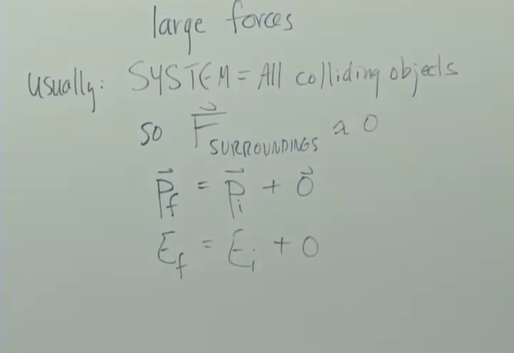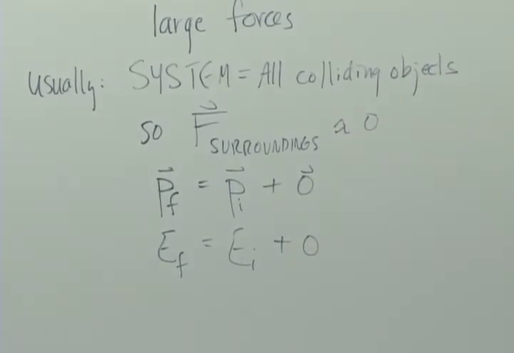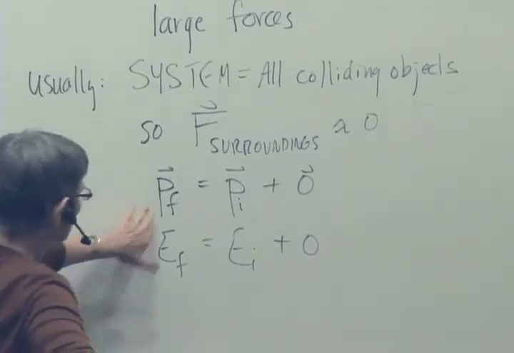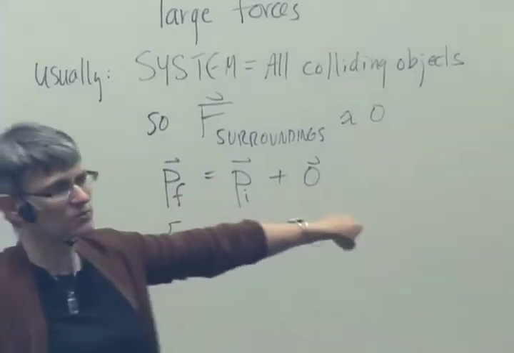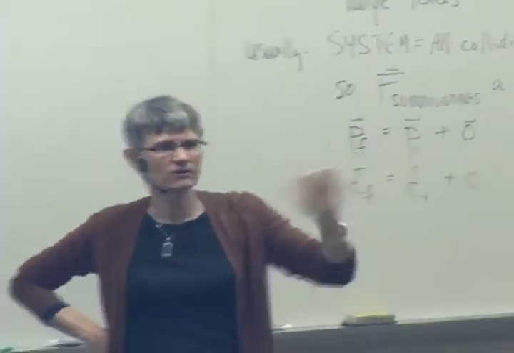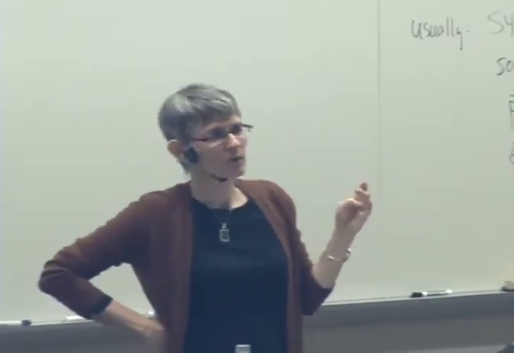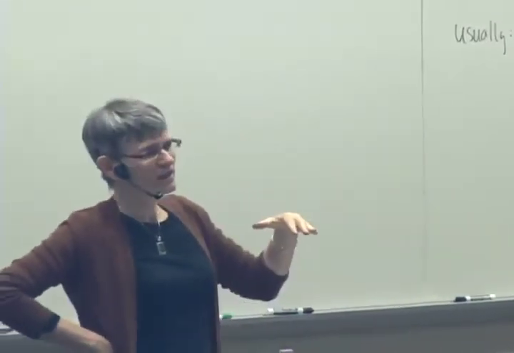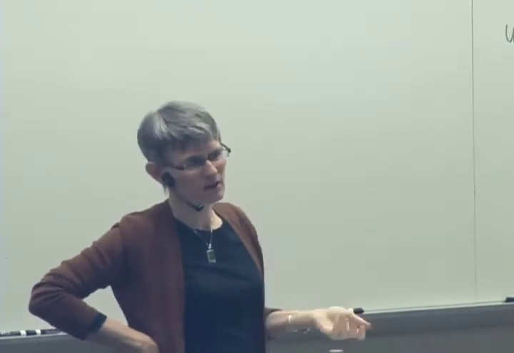That doesn't say that momentum and energy can't change, or more specifically, because momentum can flow from one object to another within the system, energy can not only flow from one object to another, but we now know that energy can go from kinetic energy into internal energy of some kind. It could just get hotter, it could deform, it could vibrate or rotate or whatever. So some complicated things can be going on.